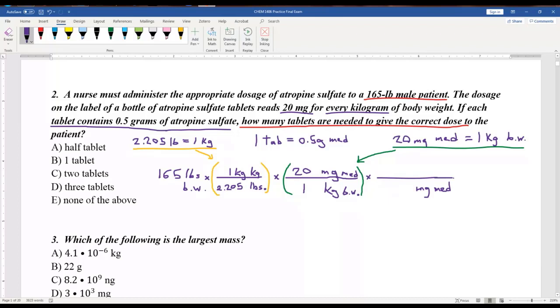And that's the one consistent feature of conversion factors and dimensional analysis. Whatever was previously on top has to go on bottom. Now, what can I convert milligrams of medicine to that's going to help get me closer to my answer in tablets? Yeah, grams of medicine, exactly. So I'm going to convert milligrams of medicine to grams of medicine.